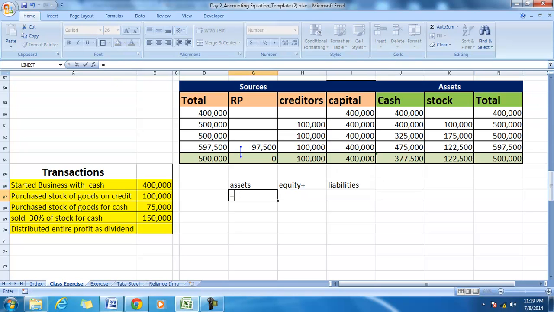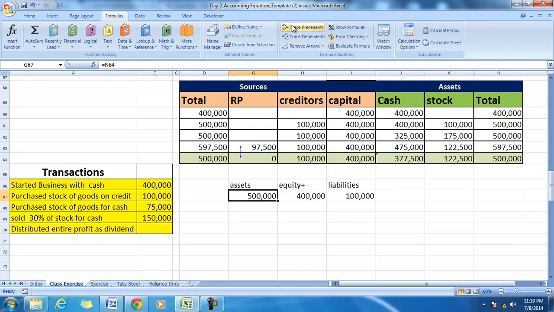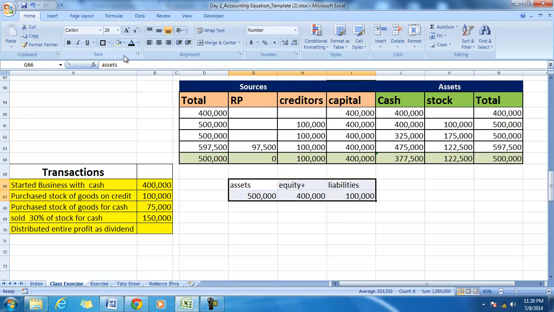So the assets of the business at the end of this set of transactions is 500,000, and equity is capital plus retained profit, and liabilities is the creditor. Therefore the assets of the business are financed by equity and liabilities. In this case, equity is capital plus retained profit, and there is no retained profit because the entire profit has been distributed as dividend.